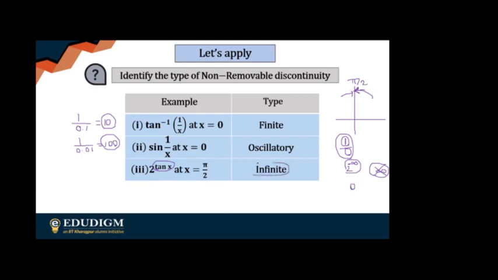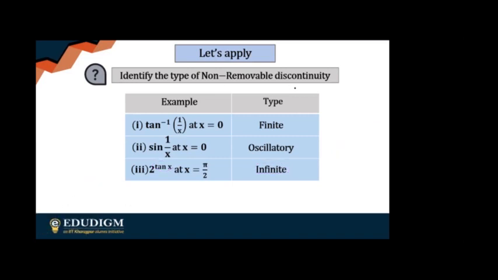So one of the limits is infinity, so this is an infinite type of non-removable discontinuity. That is why practicing these limits is very, very important. If you don't have the comfort level that you should have evaluating limits, please go ahead and revise that, okay? Because it is very important that you understand different types for different problems regarding limits.